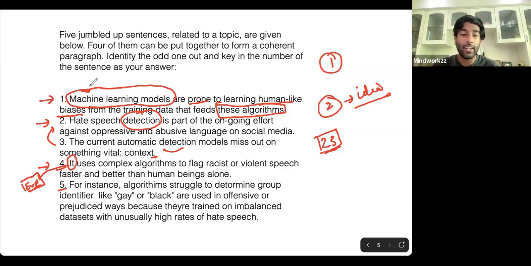But if you read sentence 1, machine learning models are prone to learning human-like biases from the training data that feeds these algorithms. This is not a sentence which is introducing some kind of idea to you.